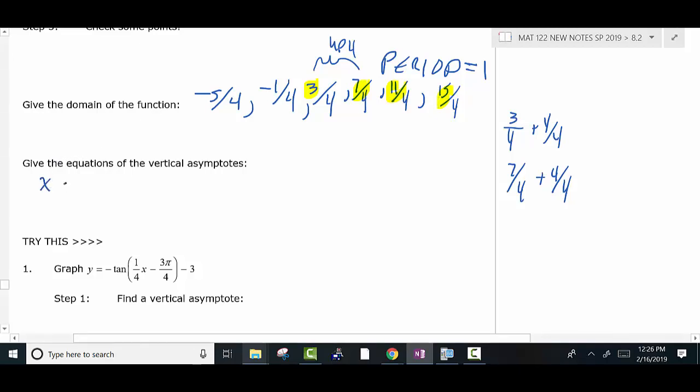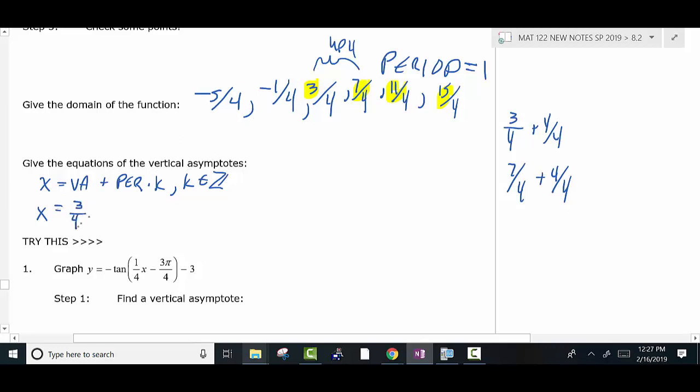So the formula goes like this. X equals a vertical asymptote plus the period times k, where k is an integer. So what you would do on this, you can just write the formula like this. We have an asymptote at 3/4. You can use any of these asymptotes. I just like to use the smallest positive one.